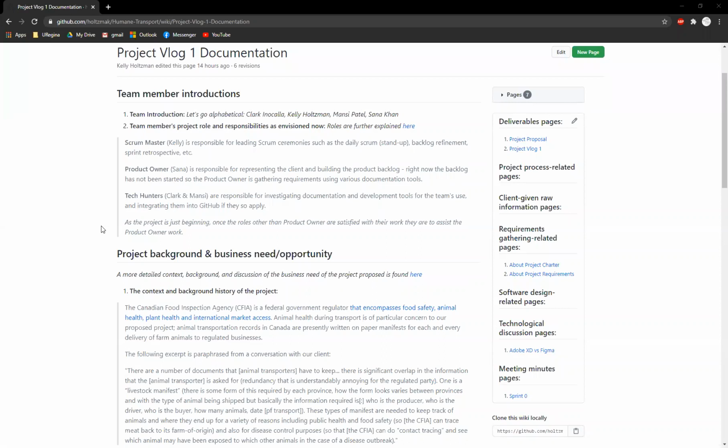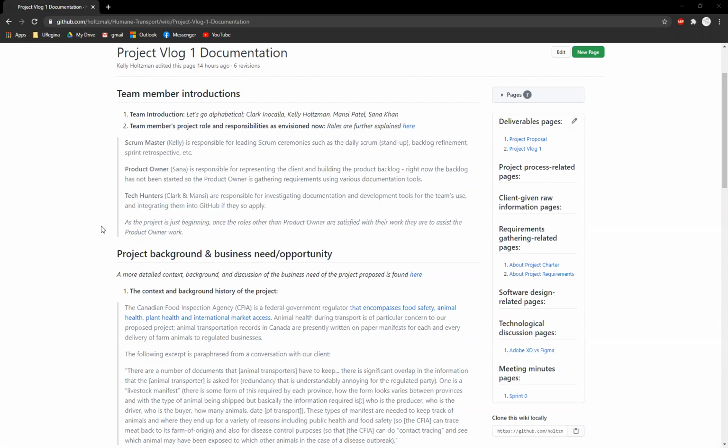Okay, so me and Clark are working as tech hunters, where we investigate the tools and documentation regarding the tools that we need for our project. And yeah, do note that Tech Hunter's role is just a temporary role as of now.